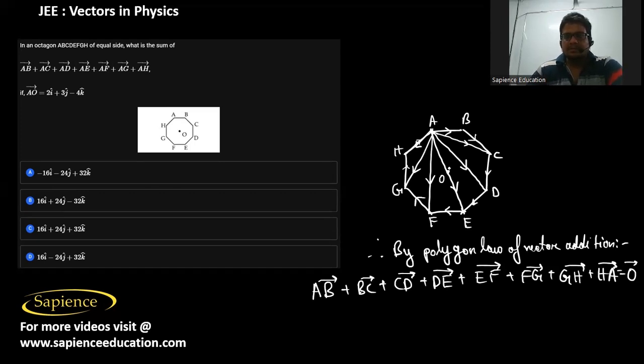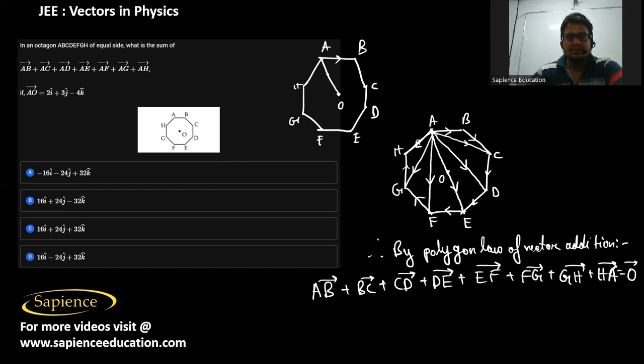So now if we take this one, this is the octagon A, B, C, D, E, F, G, H. So this is O. So now we can say that OA vector plus AB vector will be equal to OB vector.